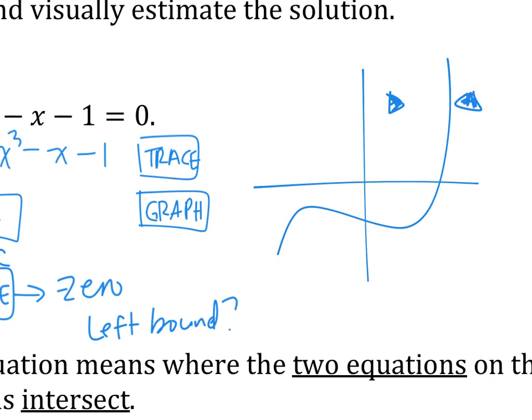That's the right bound, and then click enter. So basically, you're saying my 0 is stuck in between. And then it's going to ask you to guess. Just press enter again. And it's going to say x is equal to 1.324718.